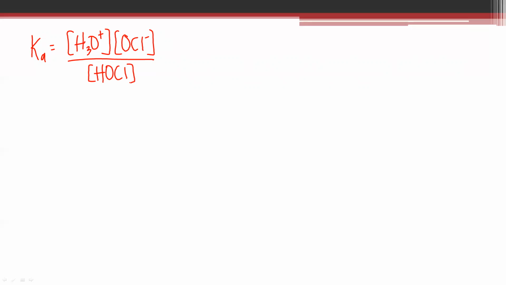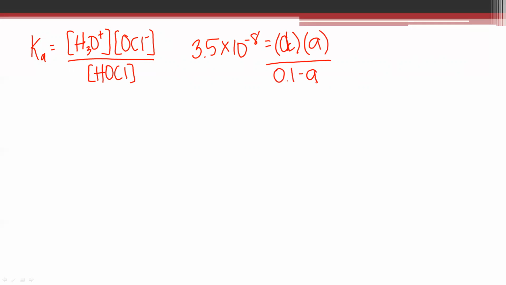And so then substituting in what we've got, we will have 3.5 times 10 to the negative 8 is equal to A times A over 0.1 minus A. Now, we're going to do a lot of assumptions in acids and bases. So with 10 to the negative 8, we're going to assume that the A value, what we're going to solve for, is so significantly small that it will not really change very much the original concentration of the acid.